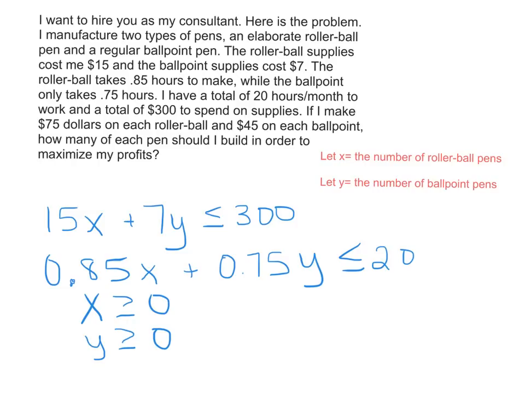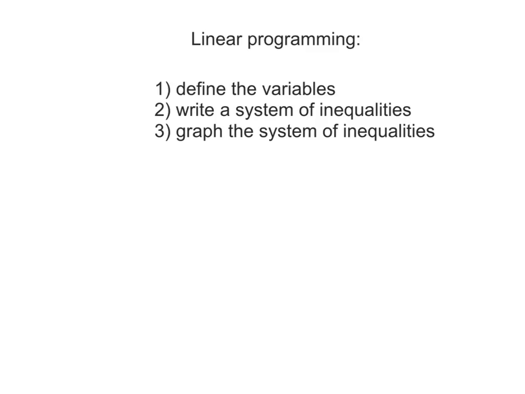So now we have our system of equations. Like I said before, if we have two variables, we need at least 2 equations, and we just happen to have four here because we have defined our domain and range. So we have defined our variables, we have written a system of inequalities, and now it's time to graph this system of inequalities.